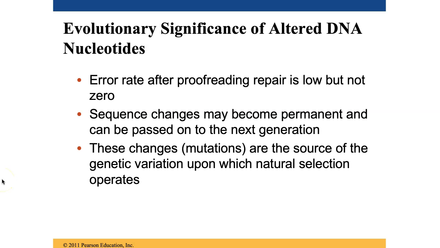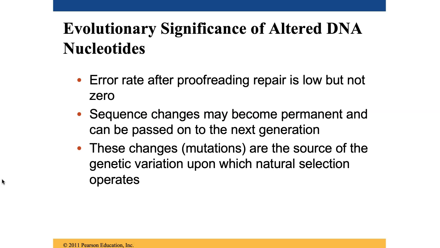We, of course, have so many different mutagens. We have chemical mutagens, physical mutagens, and these sequence changes can be passed along from one generation to the next. If a mutation is favorable for whatever reason, that organism that inherited that mutation has a new advantage that the rest of its species do not.